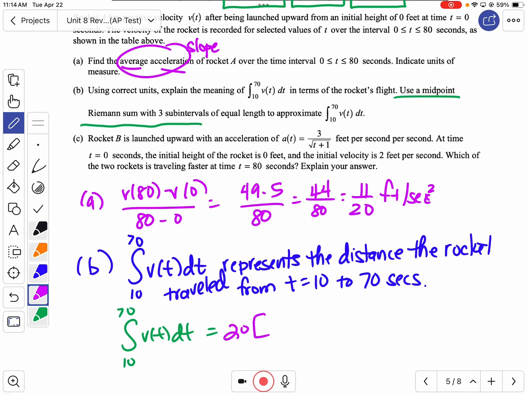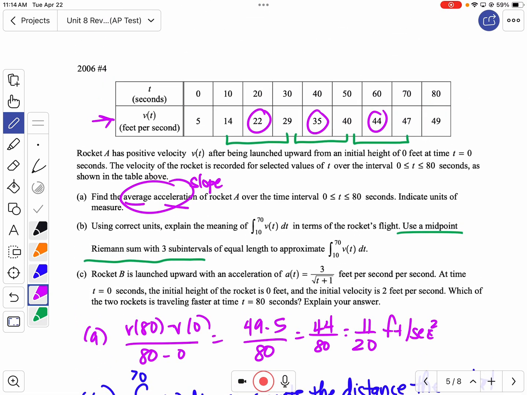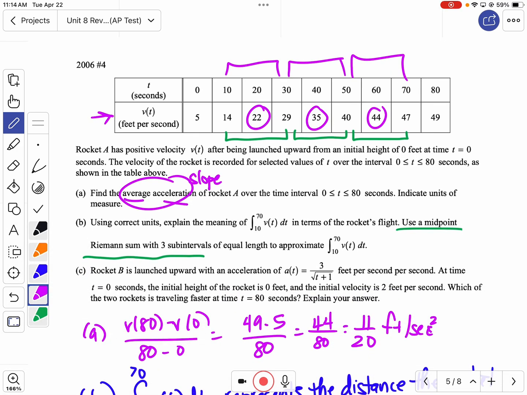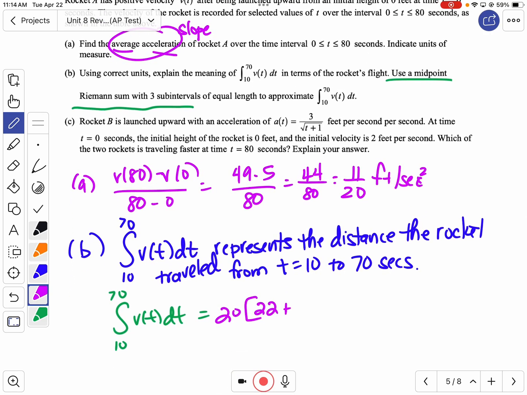So I'm going to have 20. I could actually pull that out if I wanted to. All right? Because they're all going to be multiplied by 20. Okay? Each interval is a distance of 20. Okay? And then the y values that we're going to use are 22, 35, and 44. Okay?